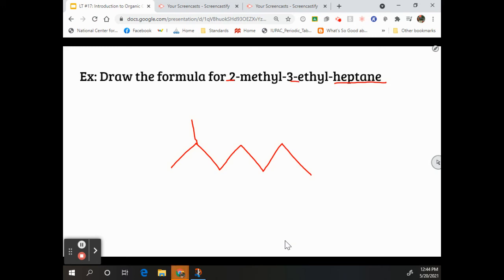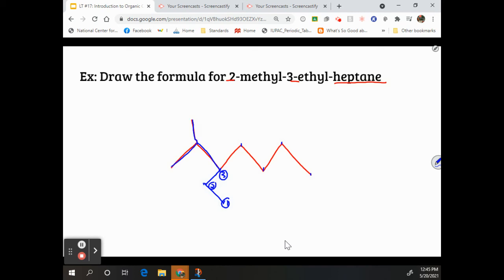Now this is going to do something interesting. 1, 2. So when I do that, I now have 1, 2, 3, 4, 5, 6, 7. I've kind of changed the chain a little bit. There's actually 2 correct ways of naming this thing. The first correct way is exactly how I put it. And the second correct way is, if you notice on the third carbon here, 1, 2, 3, you got this branch looking thing.